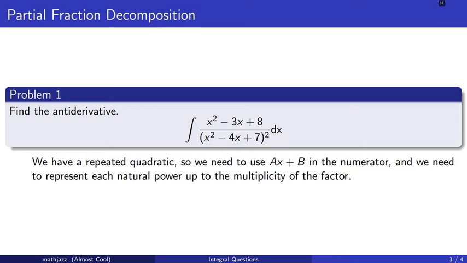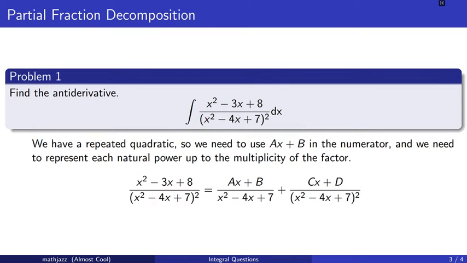If this were cubed, we would also need a fraction where the denominator is to the third power, and so on. But not only that, irreducible quadratics, instead of using a constant like a, b, or c in the numerator, need to have a line in the numerator. That is, they need to have ax plus b or cx plus d and so on. I'll put this on the screen, and maybe that will make more sense than the explanation.